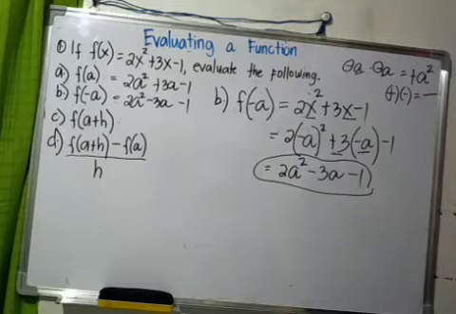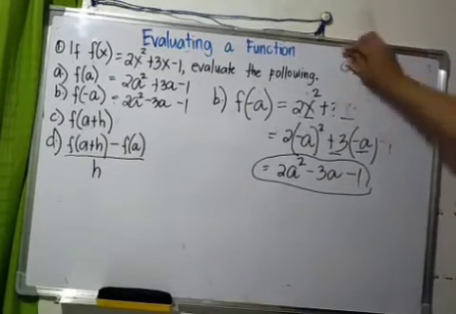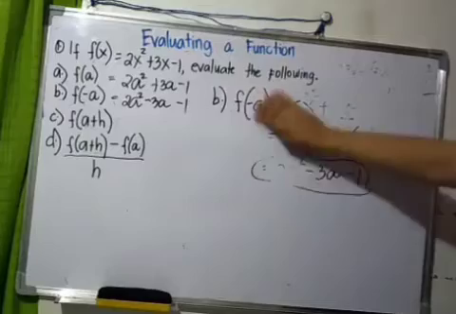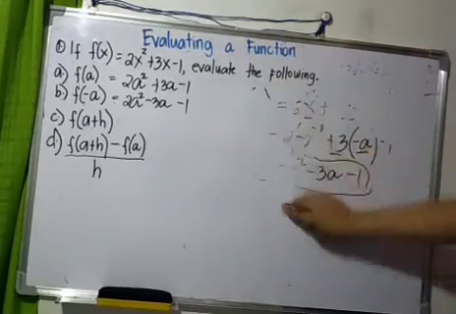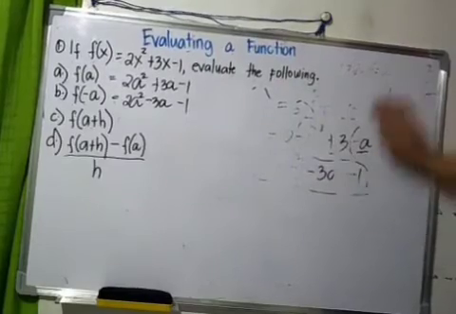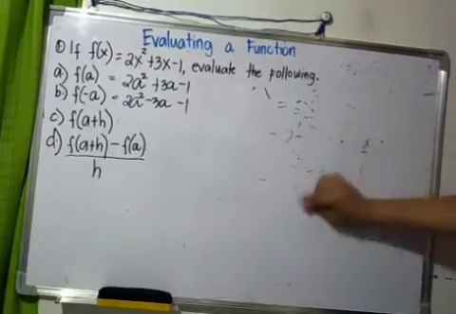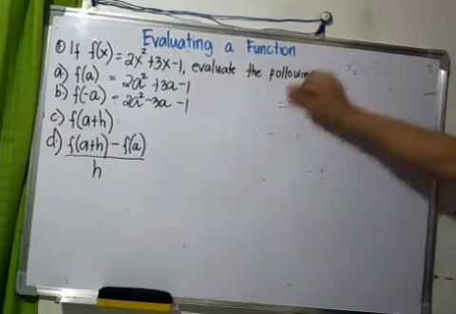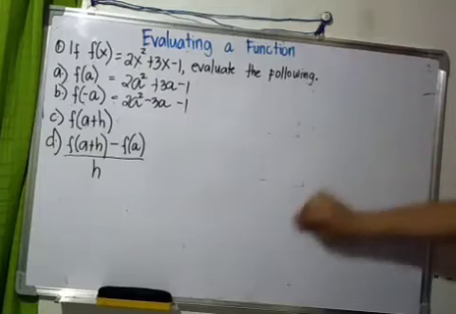Next, let's proceed to letter C. Ano yung letter C natin? Letter C natin is f of the quantity a plus h. That is the value of x. Evaluate functions.